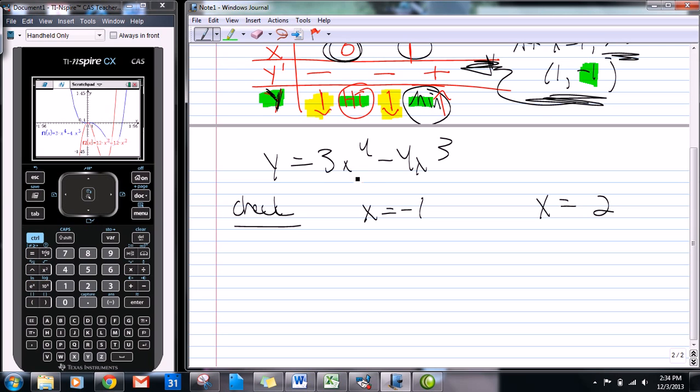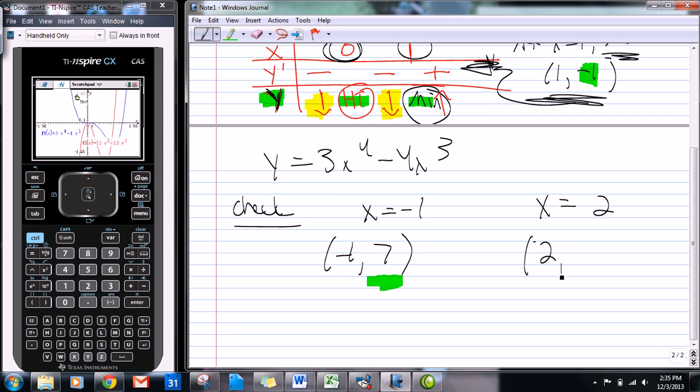I get 3 times 1, which is 3, plus 4, which is 7. So 7 is the y value of this point when x is -1. Let's see if what is happening at 2 is higher than 7, because if so, it will be the max.